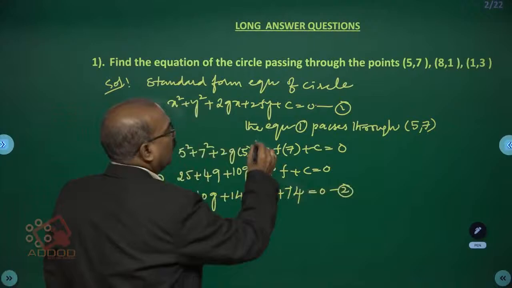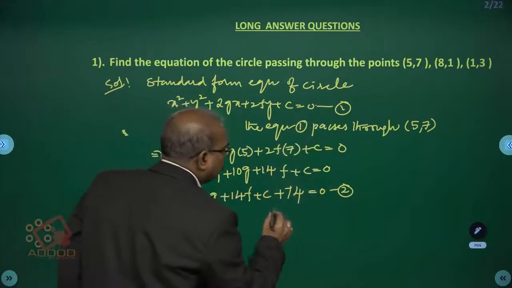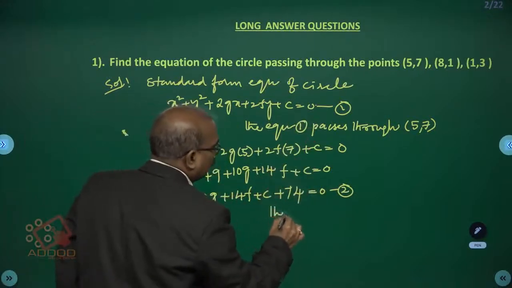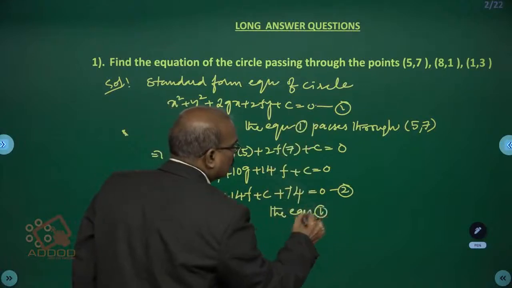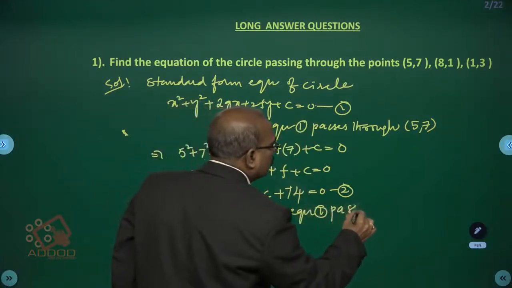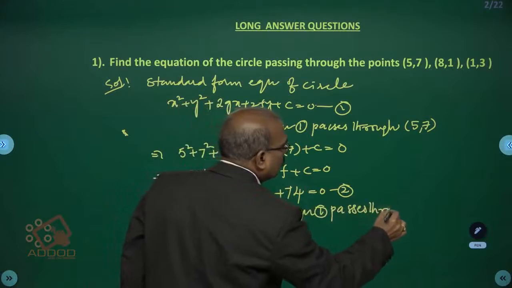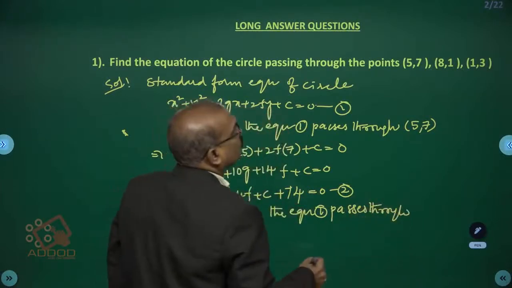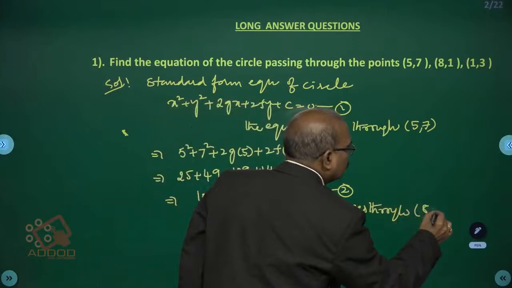Next, equation 1 also passes through (8, 1).